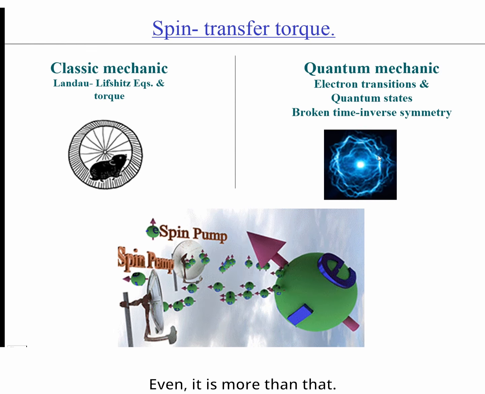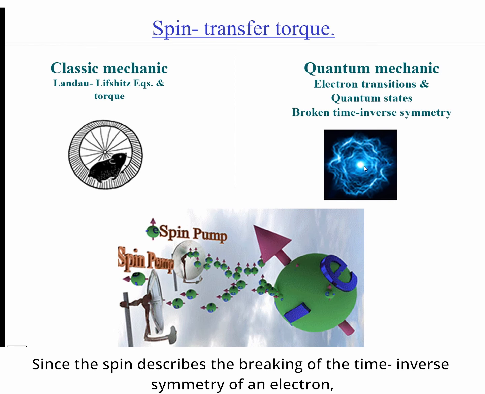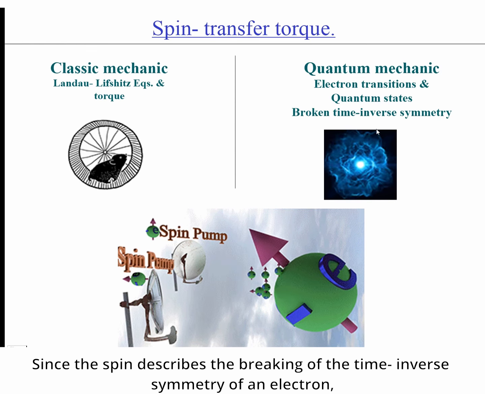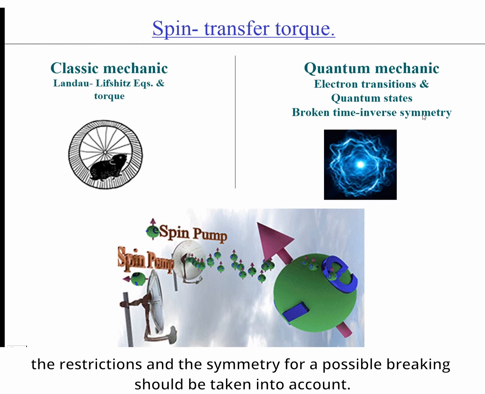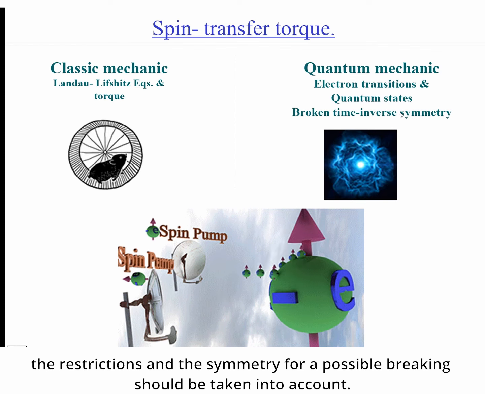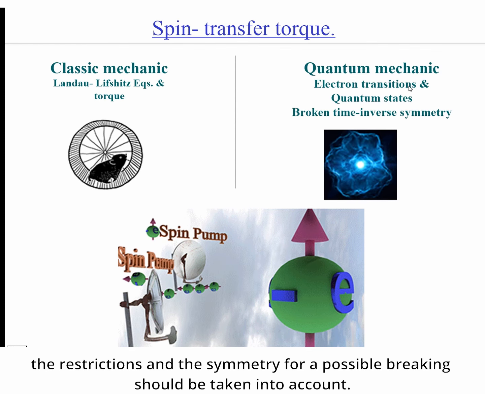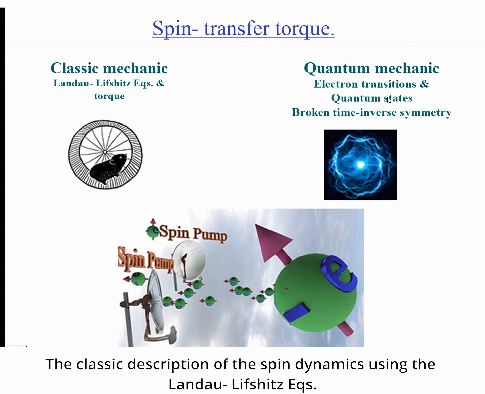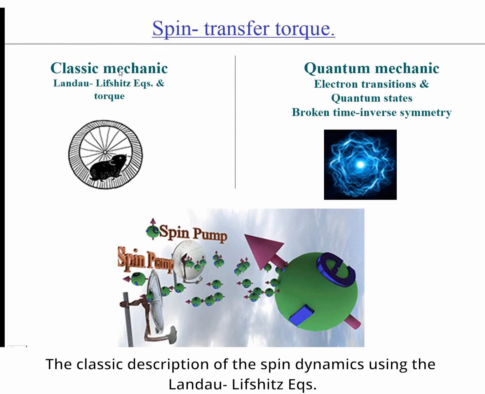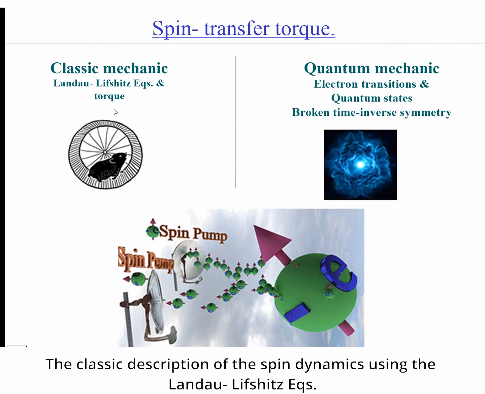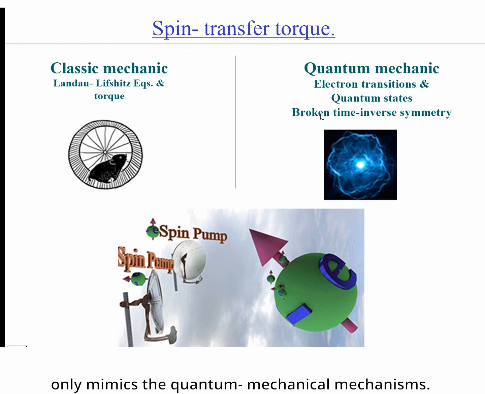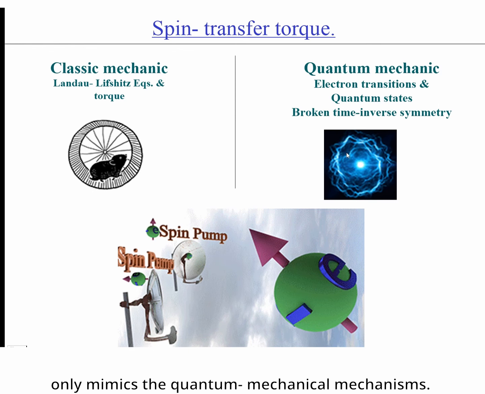Even more than that, since the spin describes the breaking of time inversal symmetry for the electron, the restriction and the symmetry for possible breaking should be taken into account. The classic description of the spin dynamics using Landau-Lifshitz equations only mimics the quantum mechanical mechanisms.